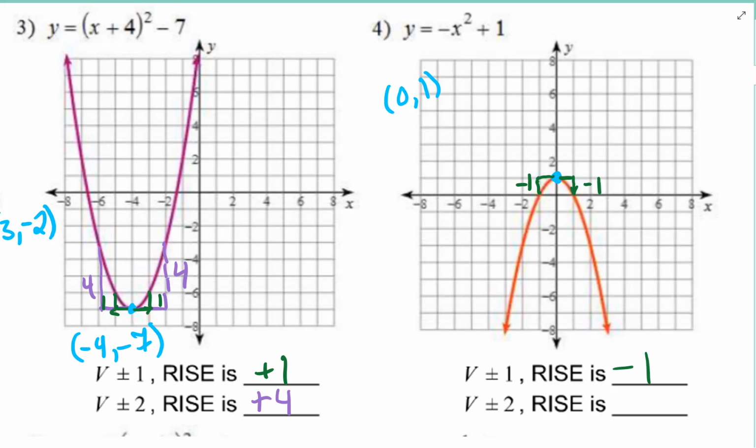What about 2 units from the vertex? 2 units away from the vertex, the rise is -4 because we went down 4. And again, 2 units away from the vertex, the rise is -4.